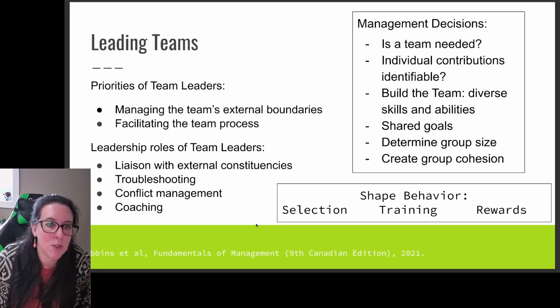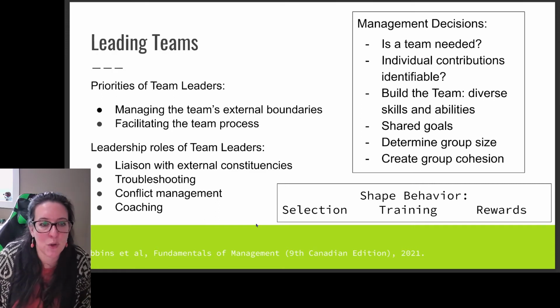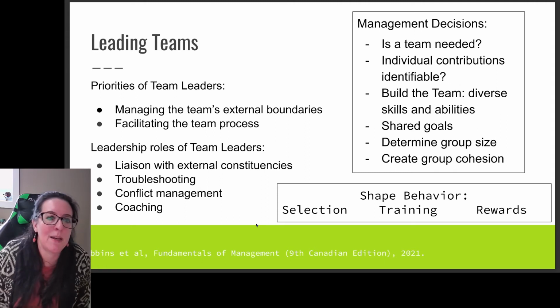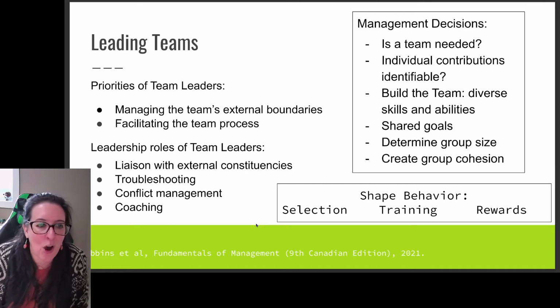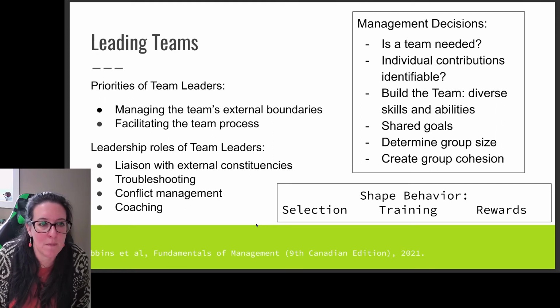So coming back to our discussion about leading teams, the role of the team leader is to liaison with the external organizations, to come in and provide a third-party perspective if necessary, manage the conflict, coach, motivate, help create cohesion.